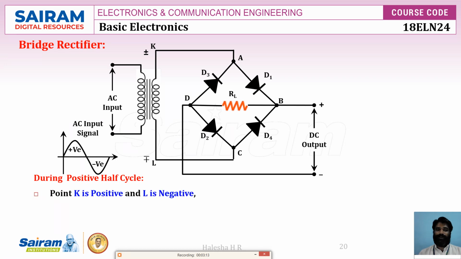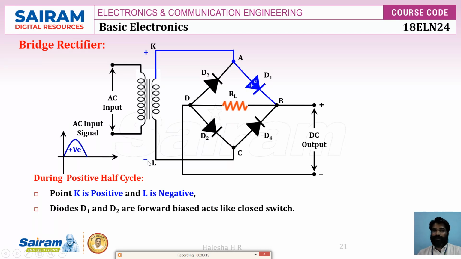During the positive half cycle, terminal K becomes positive and L becomes negative. This positive supply is connected to the anode of D1 and to the cathode of D3. So D3 becomes reverse biased and D1 is forward biased. Then the voltage flows through RL, and then through D2.